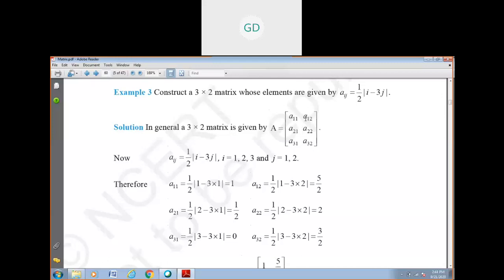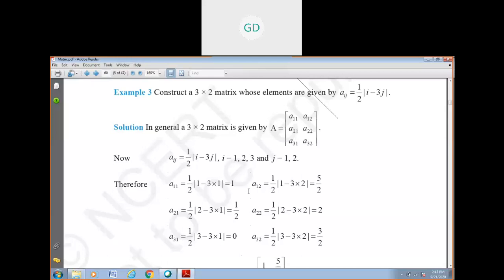Second element, A12, the second element of the first row. If we put i equal to 1 and j equal to 2 here, A12 is 5 by 2. So all these elements we can get in this way. It is a very simple calculation. Just take the values of i and j and put them in the rule.